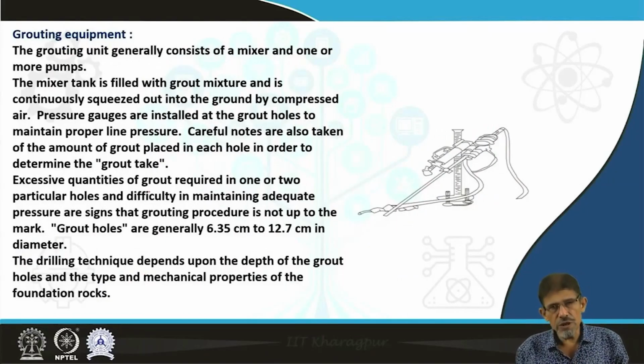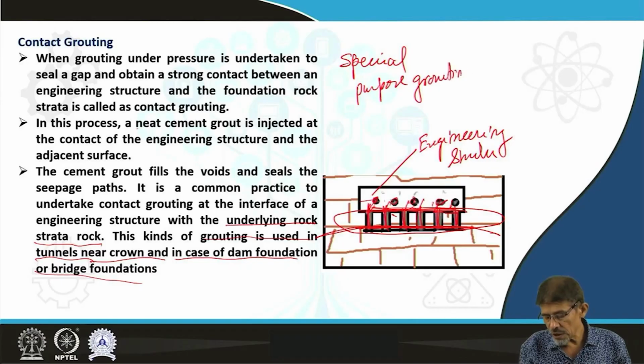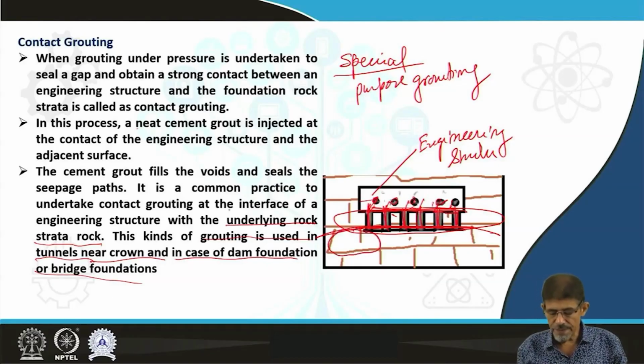In addition to this, we have another type, special purpose grouting. As the name indicates, it is of a special type using the same cement grout, but the target area is specific, localized spots, to grout and enhance the strength and reduce the permeability of strata for a special purpose.